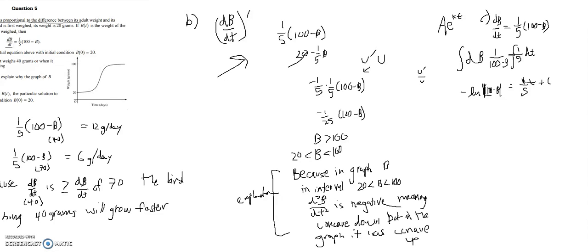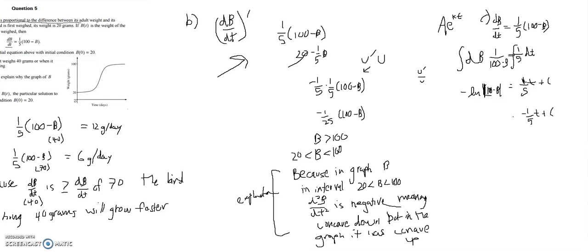So from here, you just have negative 1/5 t plus C. It doesn't matter, the sign won't change it because it could be plus a negative number for C.